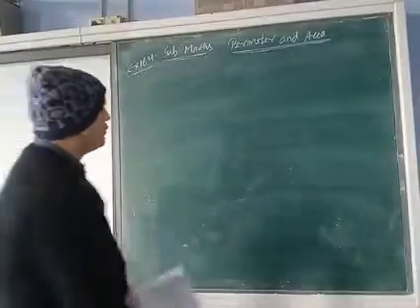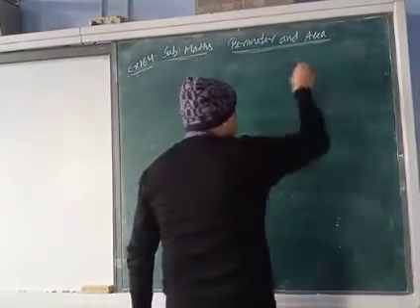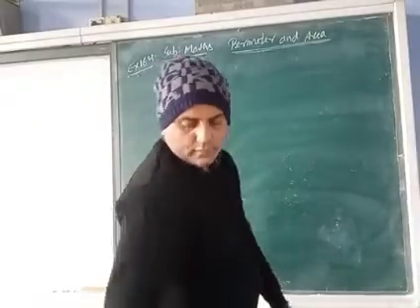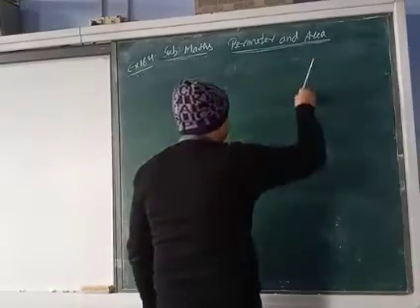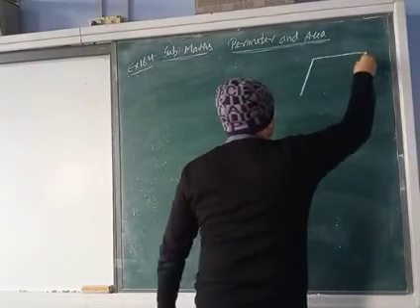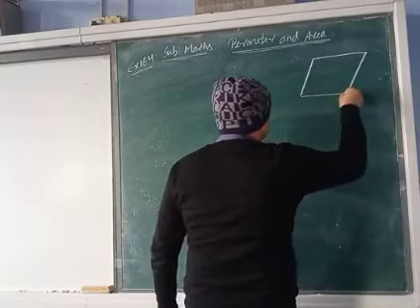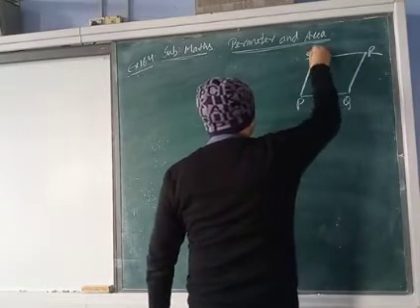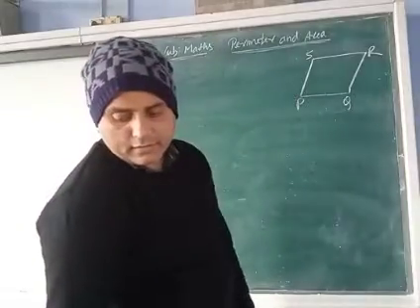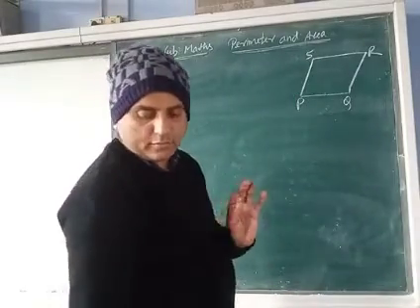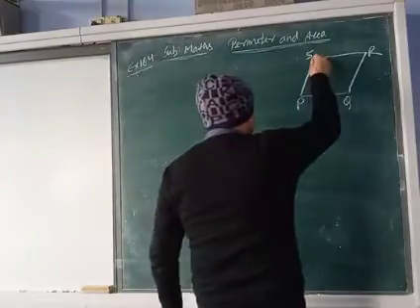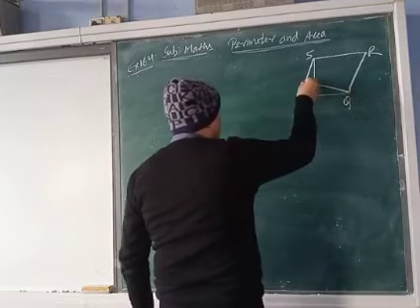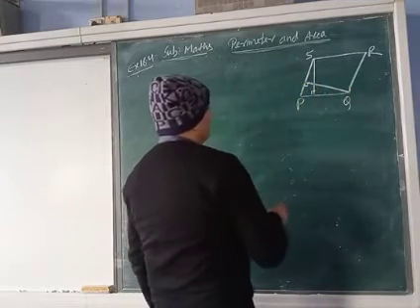Okay, first of all draw a parallelogram. That should be PQRS, and altitudes are given. From S draw an altitude, and also from Q draw an altitude.